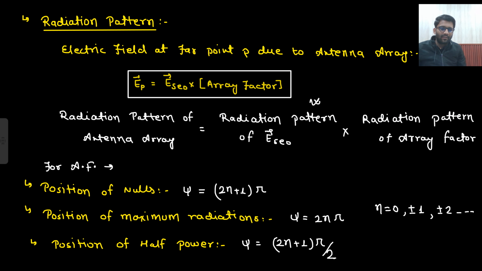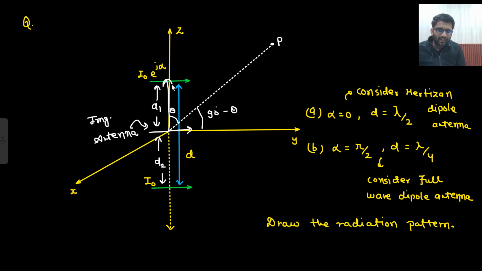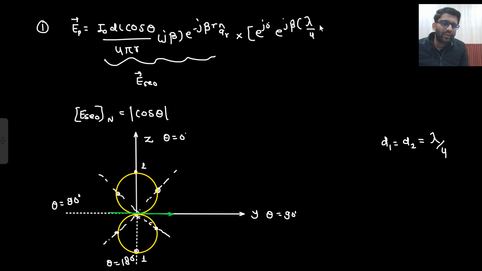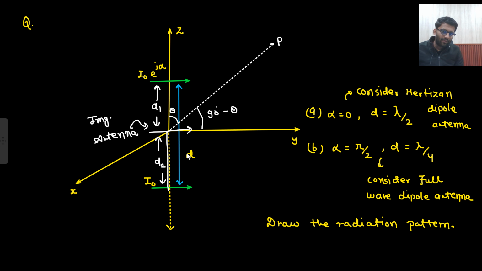Then from the origin towards the antenna, this vector, and this is your a_r vector. What is the angle between them? Theta. So what will you write here? Cos theta. Say yes or no. Plus, for the next one, e to the power j0, e to the power j beta, the distance lambda by 4, and what is your a_r?